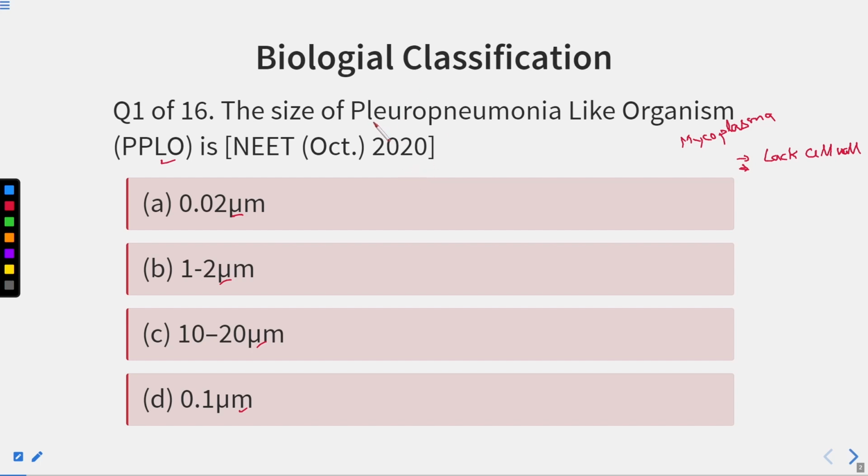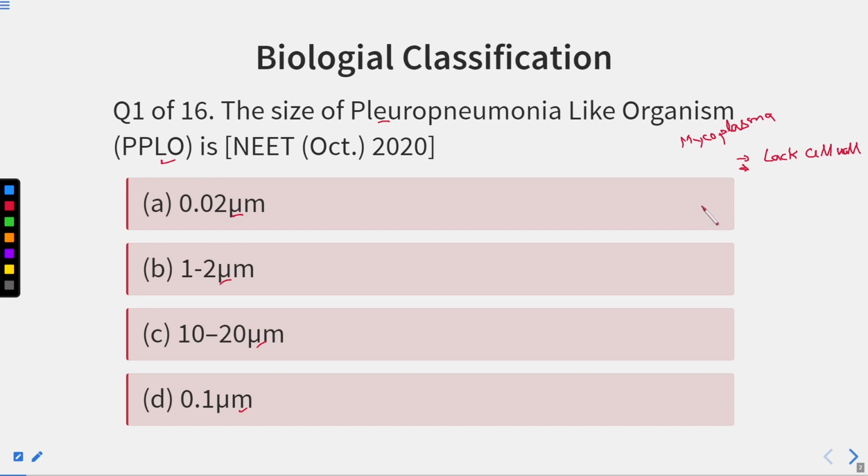As the name suggests, pleuropneumonia-like organism, this biological entity causes pneumonia in cattle. This organism is present in the pleural fluid of the cattle. What is pleura?